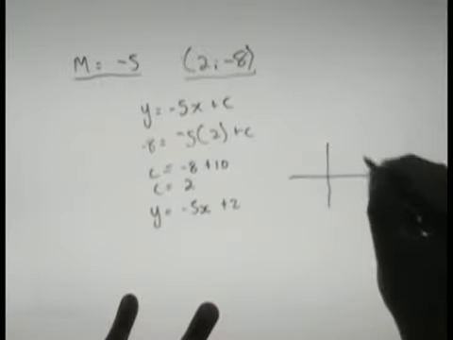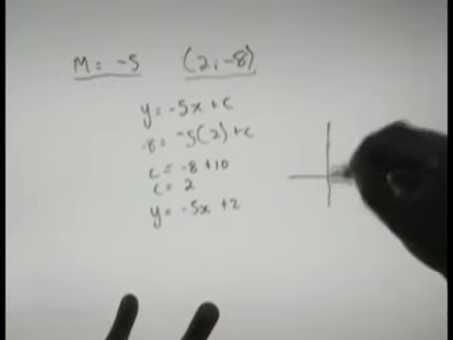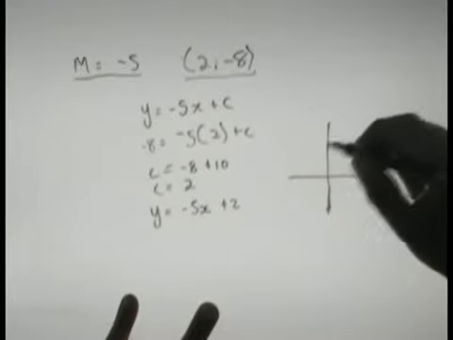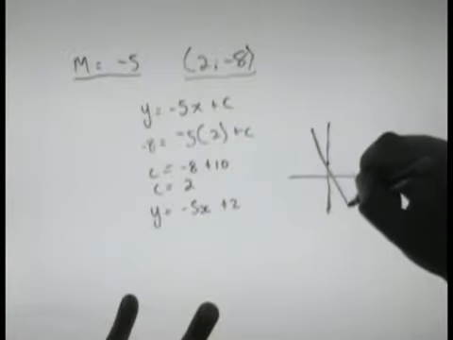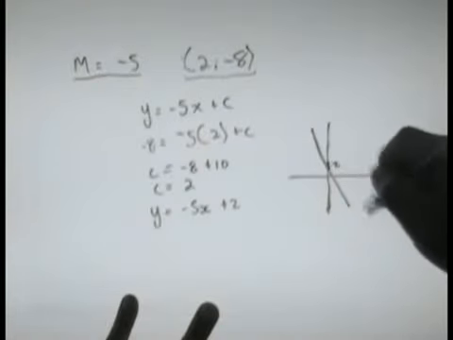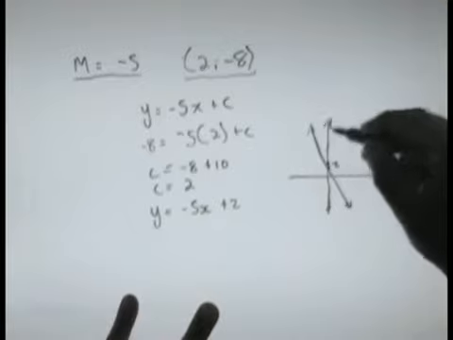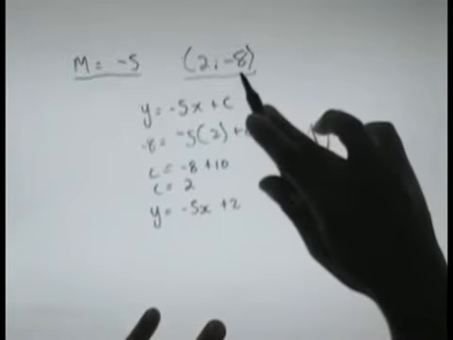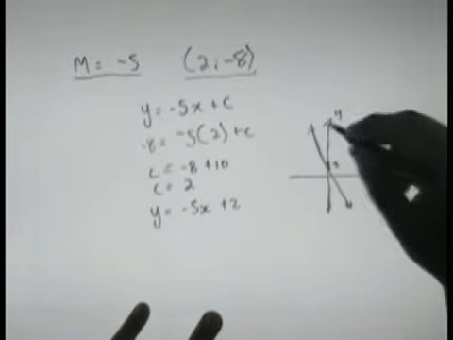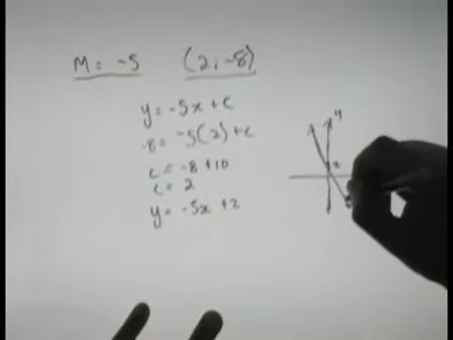Which means that our graph is going to be very negatively sloping, very steeply sloping, and it's going to cut the y-axis at positive 2. I'm not going to fill in any more information about that. That's just to show you what that graph would more or less look like. Also, we know that it's passing through the point x is equal to 2, y is equal to negative 8.